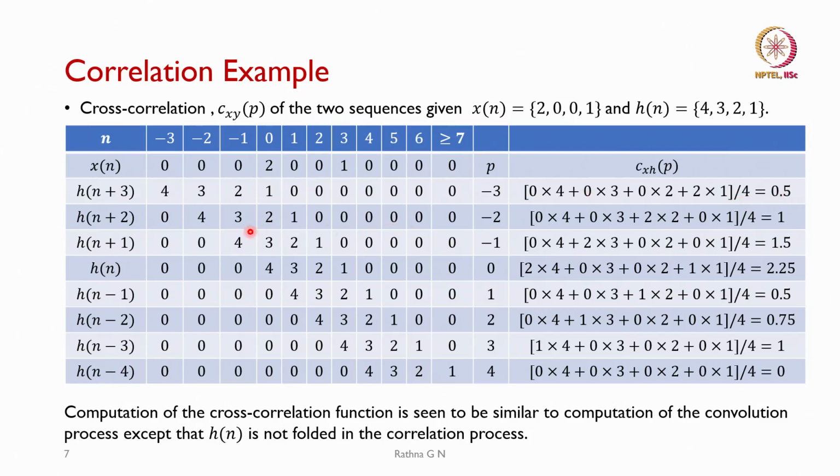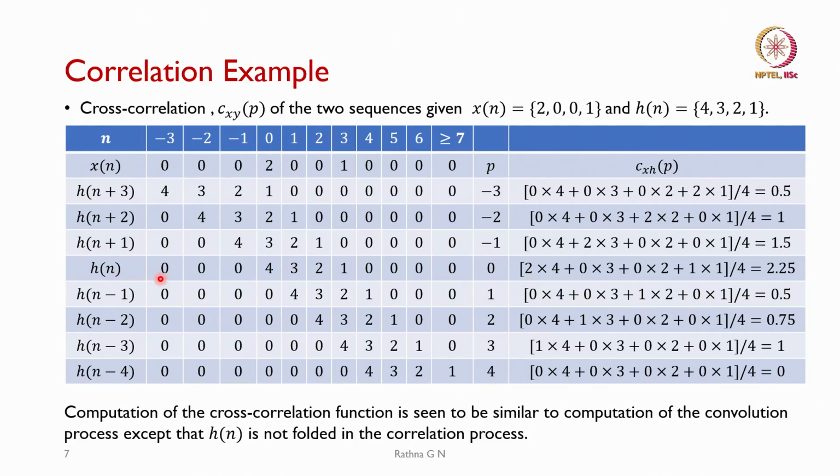In the same way, next is n plus 2. You will be shifting the h of n sequence right by one place, and then you will be computing your cross correlation here.